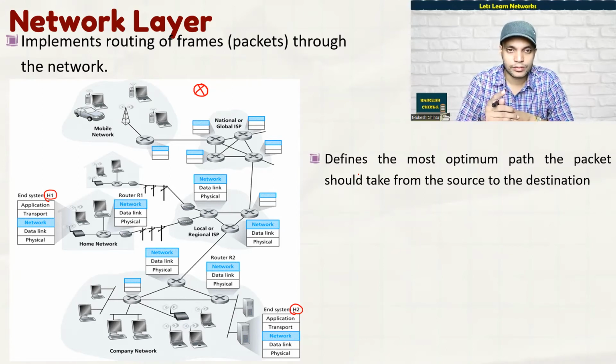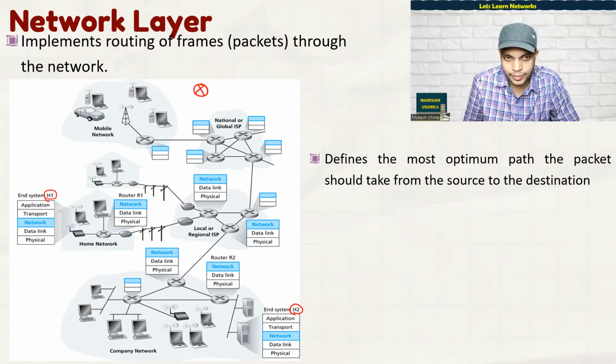Please remember that forwarding refers to the router's task of deciding which outgoing link the incoming packet should be forwarded to. This decision comes from your routing table or routing algorithm. So routing refers to the network-wide process from A to B of finding the best path, while forwarding is done at one particular router.